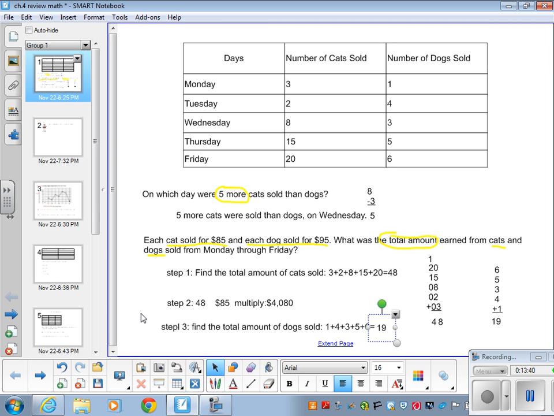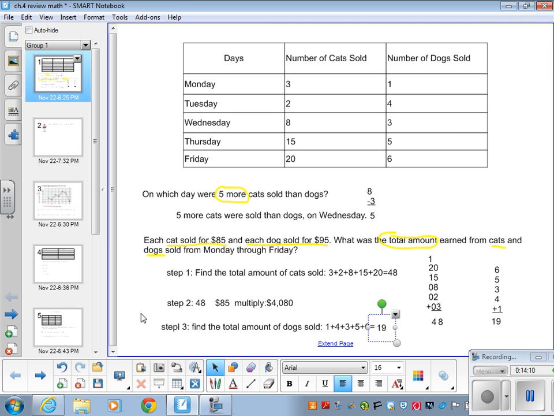Now step 4. What do we have to do with step 4? We found out how much they earned from selling cats. Now that we found the total amount of dogs sold, what do we have to do to find out how much they earned by selling the dogs? If you said multiply 19 by 95, you are amazing.